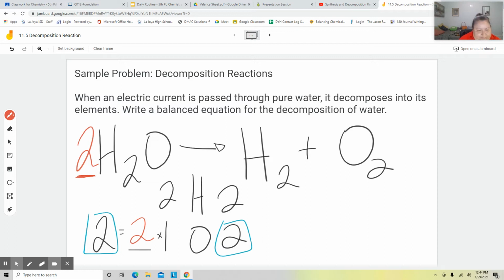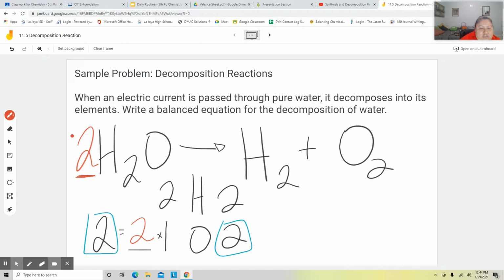All right. Now, was oxygen the only element that got affected by this 2 that we put? No. We also affected the hydrogen, right? When I multiplied the oxygen so that I can have that 2, I also multiplied hydrogen by 2.